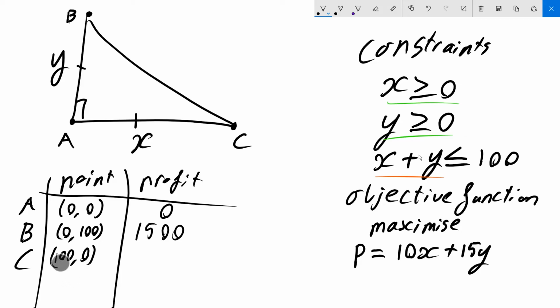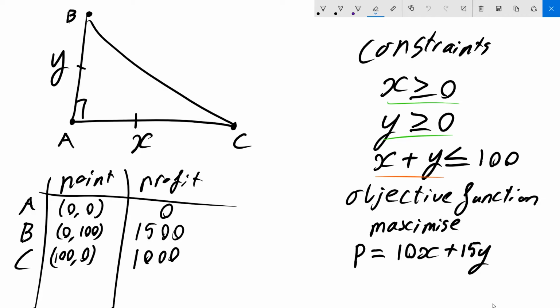And if we were at point C, our line would go through point C, then we would have 100x and 0y. So 10 times 100, and we're going to get 1,000. So without using the sliding method, we could see that if we wanted to maximize our profit, we would have to sell 100 of the Y-type paint.